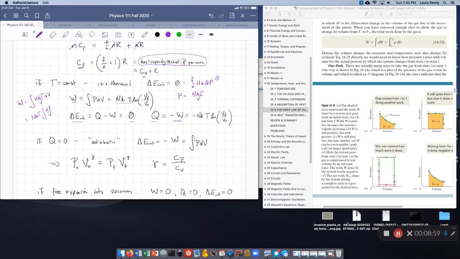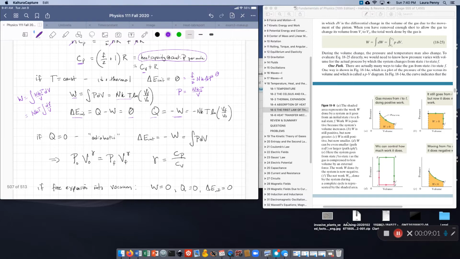You could have situations where something is adiabatic. So adiabatic means that Q is equal to 0. No heat flows in and out. Generally, these are very fast processes because you have to be really fast in order for Q not to flow in and out of something.